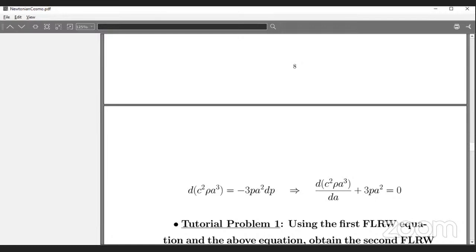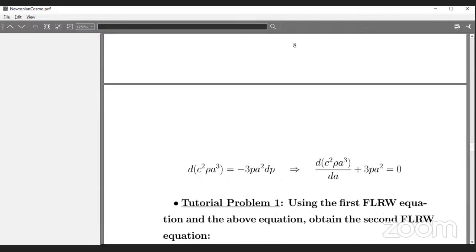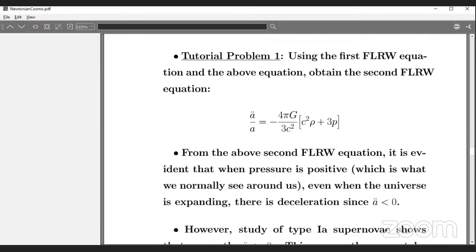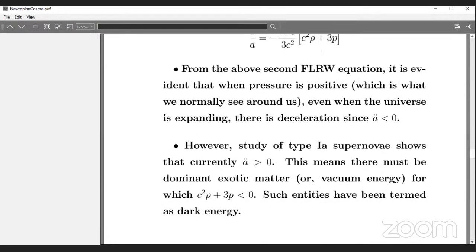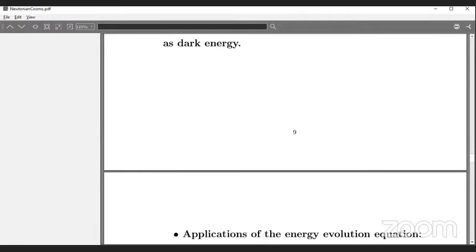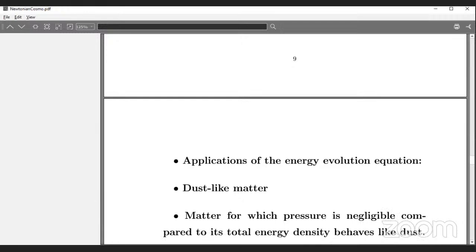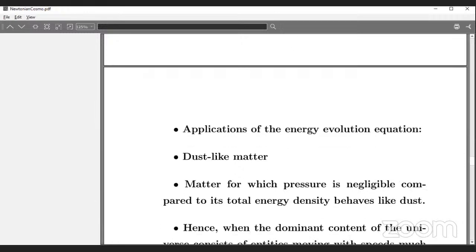This tells us how different kinds of matter, how the energy density falls off as the universe expands. We will apply this energy evolution equation for 3 different cases and will illustrate how this equation plays a very important role. First, we will apply it to dust-like matter.